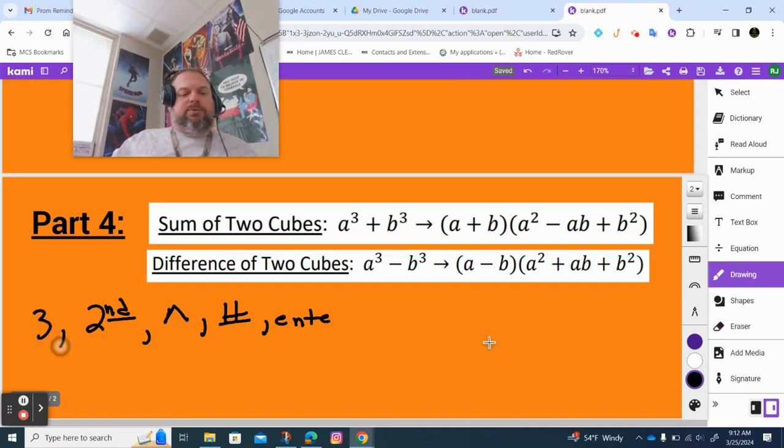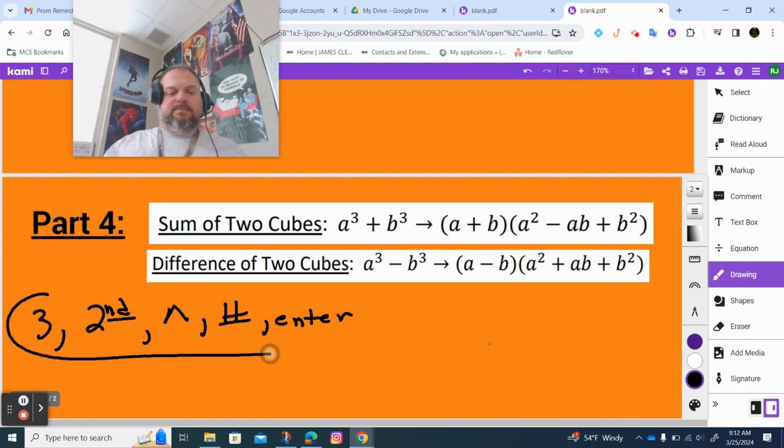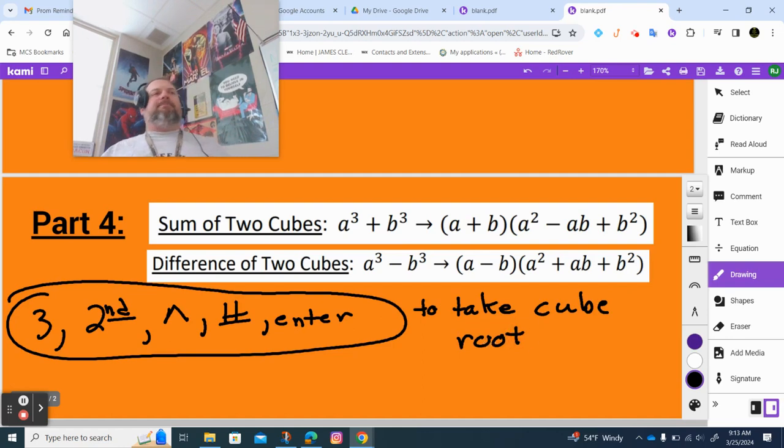It's 3, second, raise the roof, number, enter. That's actually the code to use for these calculators right here. That's how to take the cube root.